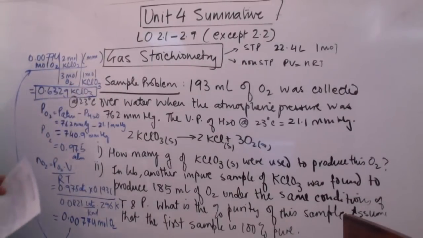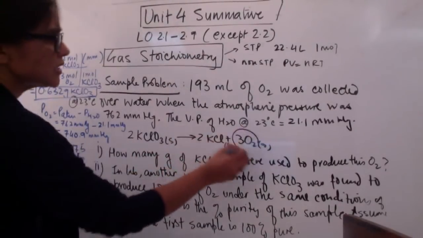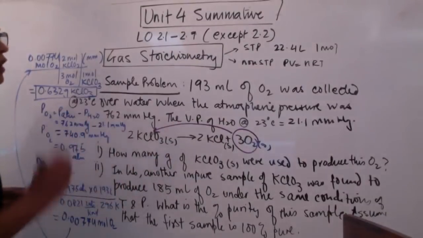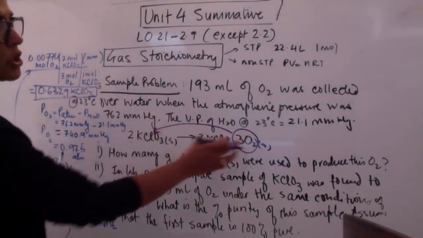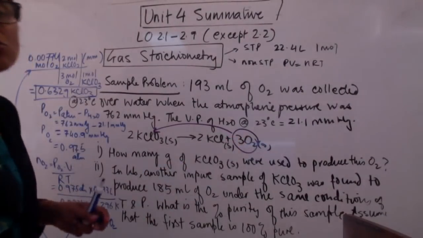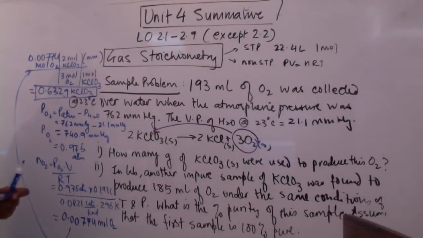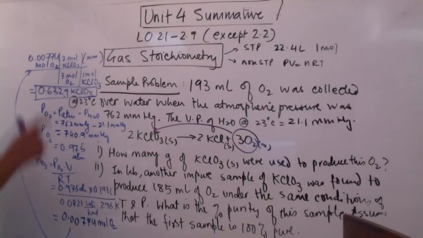So this is a classic gas stoichiometry problem where you have collected some gas over water, and using the gas moles, you're trying to figure out the solid moles using the mole ratio. But before you can use the mole ratio, you need to know the moles of the gas, and you know the moles of the gas using the ideal gas equation. So that is part one of this problem.